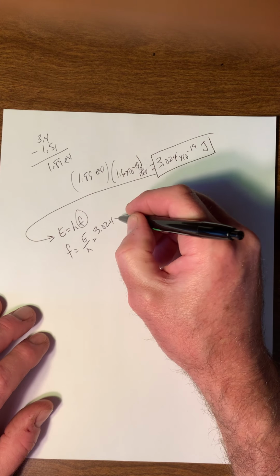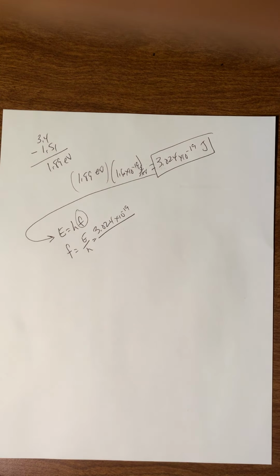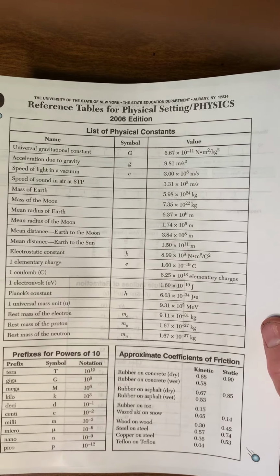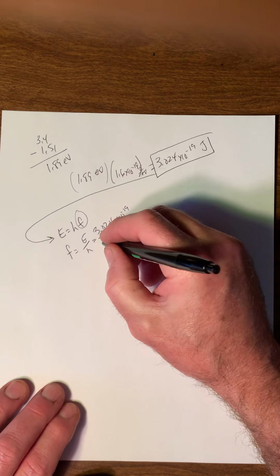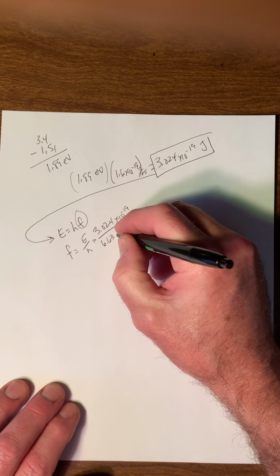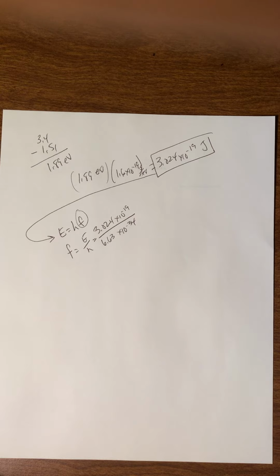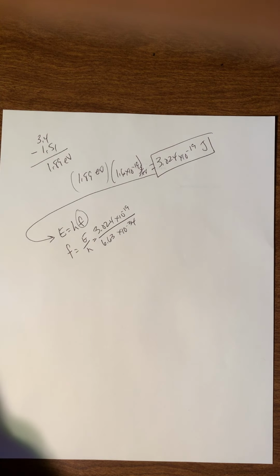3.024 times 10 to the minus 19 divided by, where do you find constants? Page 1 of the New York State Physics Regents reference sheet. Right there. It is 6.63 times 10 to the minus 34. All right, now let me plug this in. I'll divide that by 6.63.